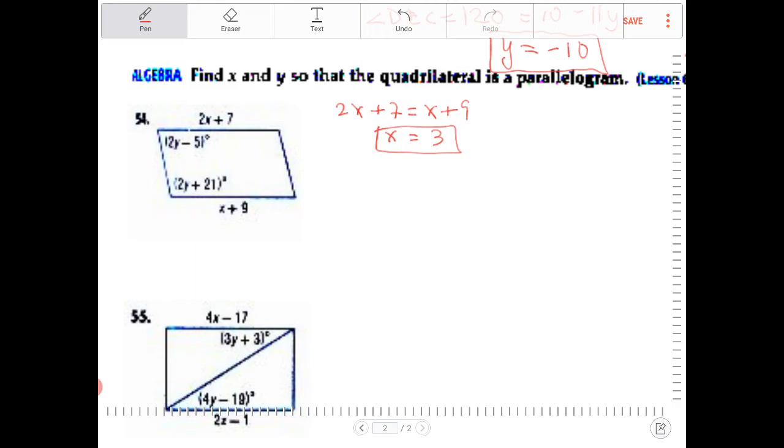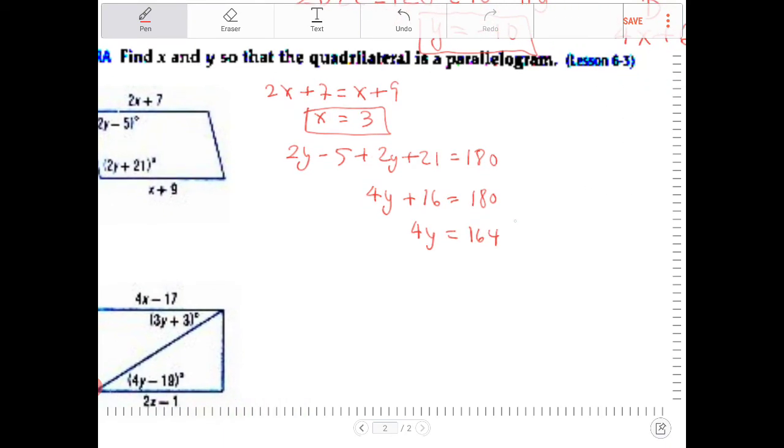So 2y minus 5 plus 2y plus 21 is equal to 180. Combine like terms, 4y plus 16 should equal 180. Subtract 16, 4y is equal to 164. Divide by 4, y is equal to 41.